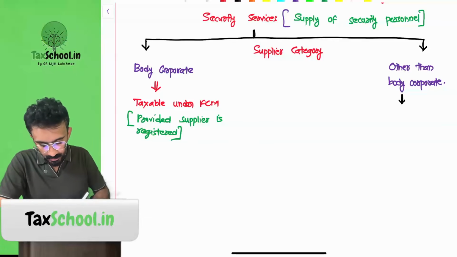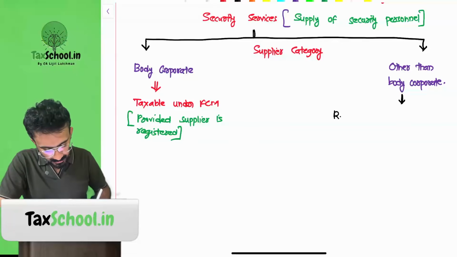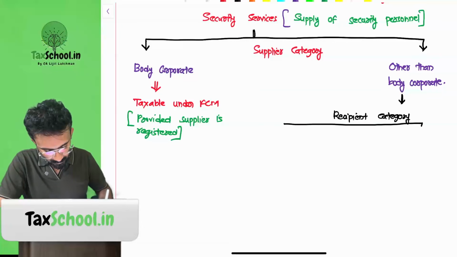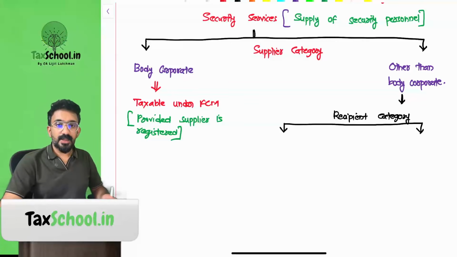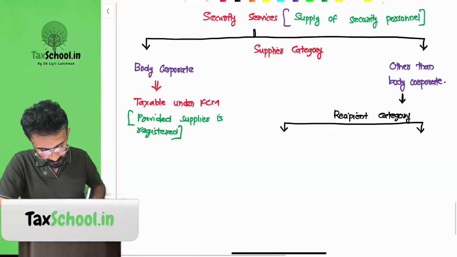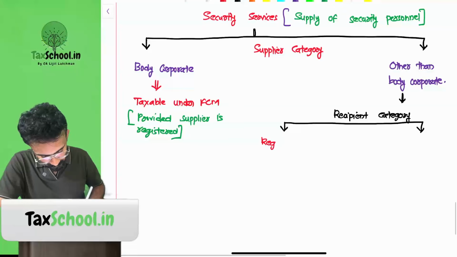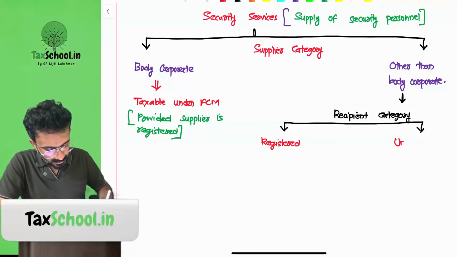If the supplier is other than body corporate, the next question is, who's the recipient? Recipient category could be registered or unregistered.